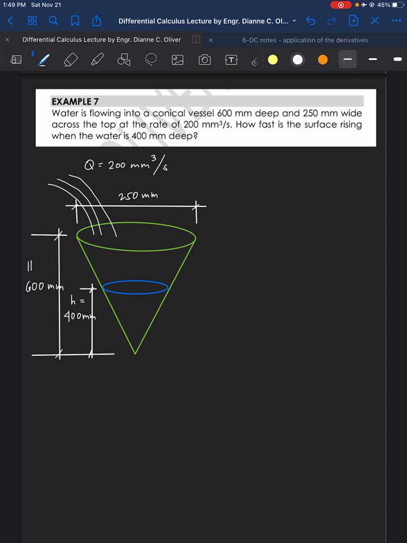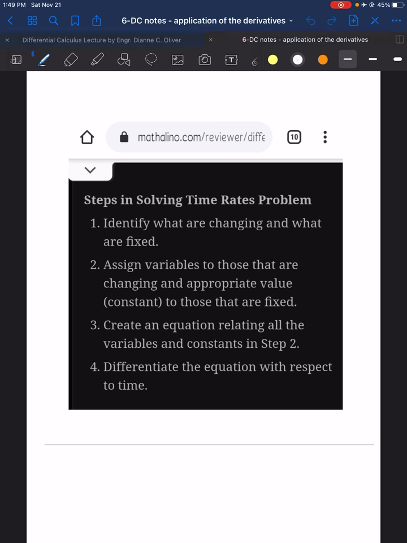Let's name this as the big H. Therefore, dH over dt is equal to question mark. And Q here is dV over dt, that is 200 cubic millimeters per second. And we're going to look for dH over dt. Okay, we're done with steps 1 and 2.